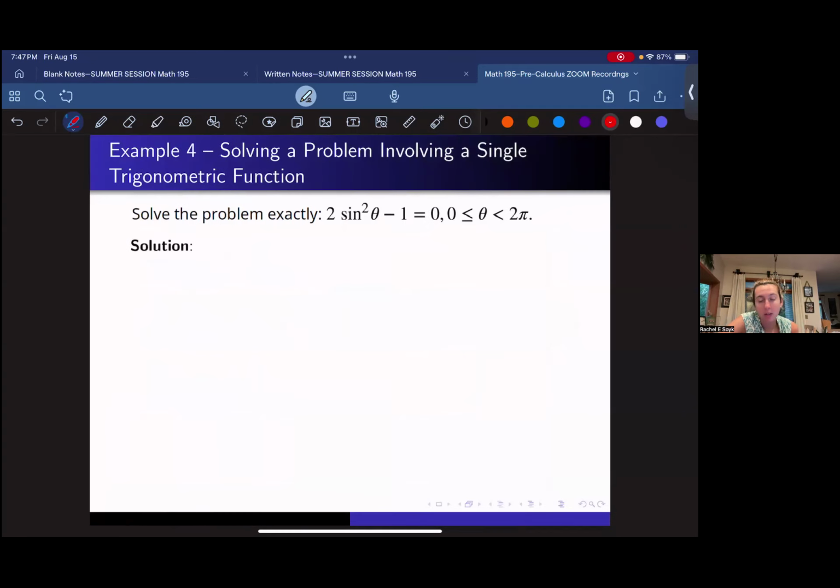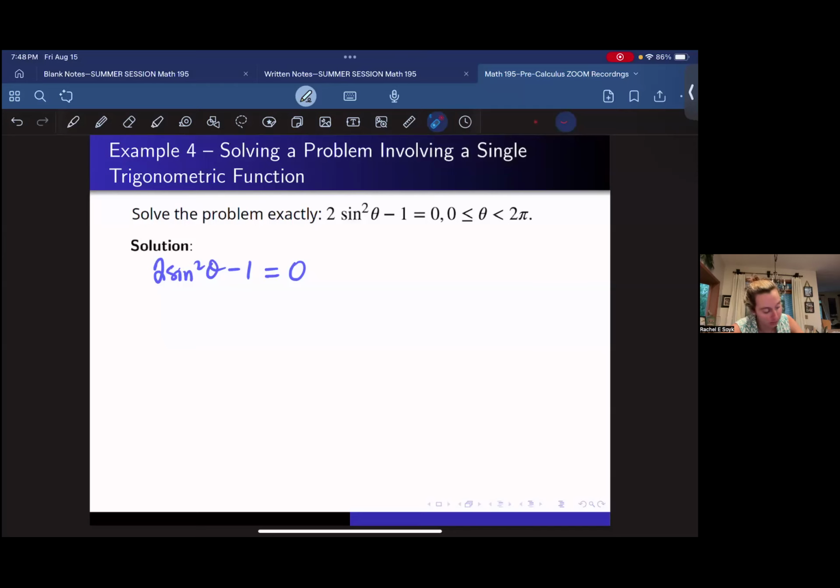Example 4. So lucky for us, once again, we have an interval that we're looking at. So we're going to have a definite number of solutions. In this particular problem, we are given 2 sine squared theta minus 1 is equal to 0, which is, I believe, one of our double angle formulas.